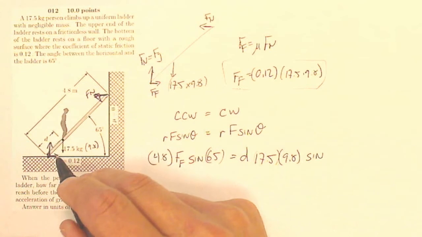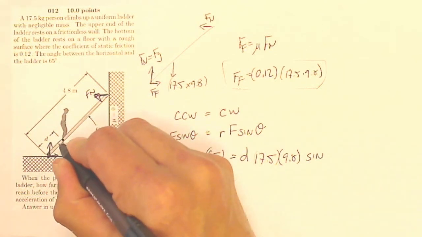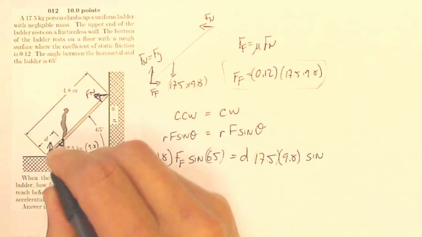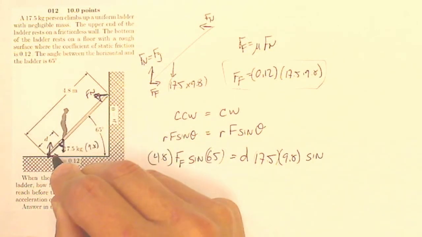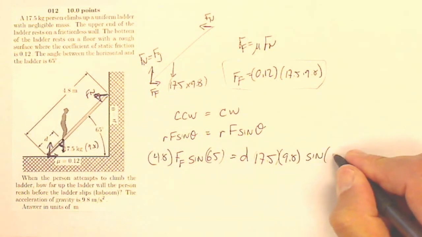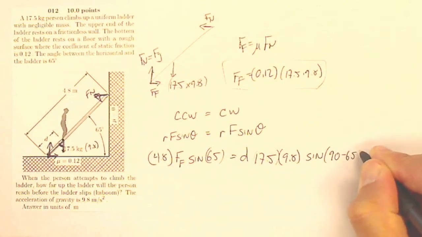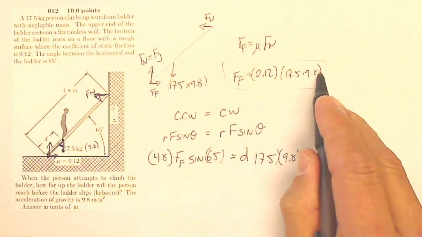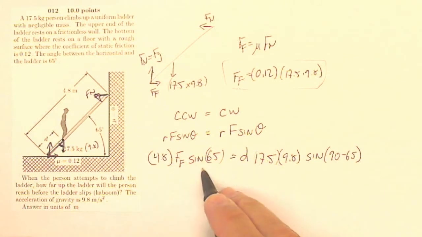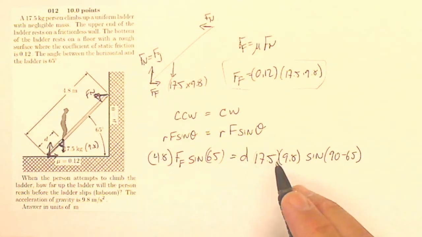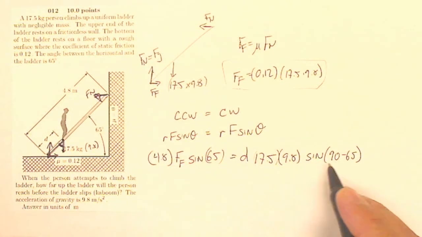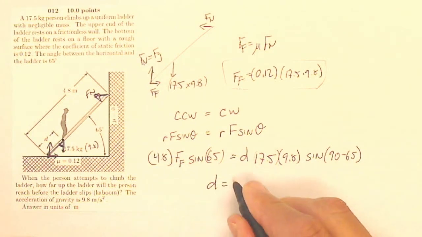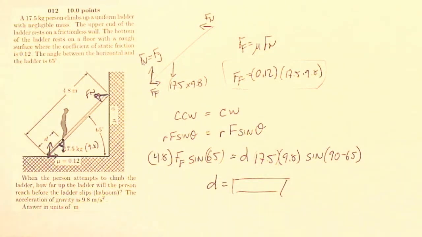The theta here is between the radius for the person and the force of the person, so this angle is going to be 90 minus 65. Now, I know 4.8. The force of friction is what I figured out before, times sine 65. The distance I'm looking for is r, times 17.5, 9.8, sine of 90 minus 65. I am all set to solve for r, and that will be when the ladder will slip out from under the climber.